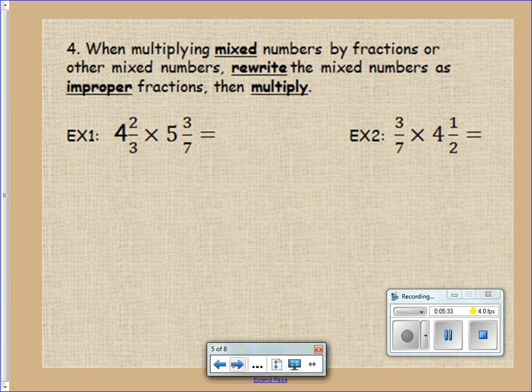Number 4, when multiplying mixed numbers by fractions or other mixed numbers, rewrite the mixed numbers as improper fractions, then multiply. So 4 and 2/3 times 5 and 3/7. We're going to change each of those into improper fractions.